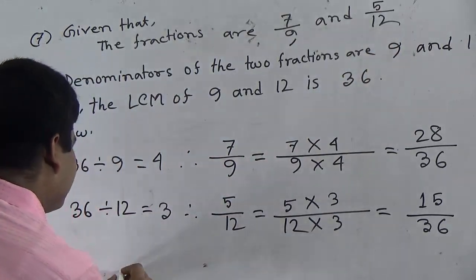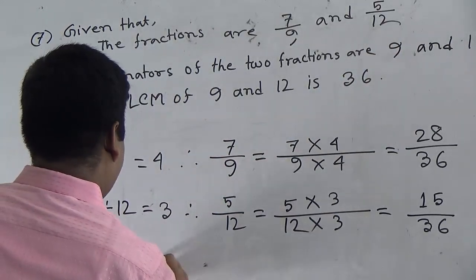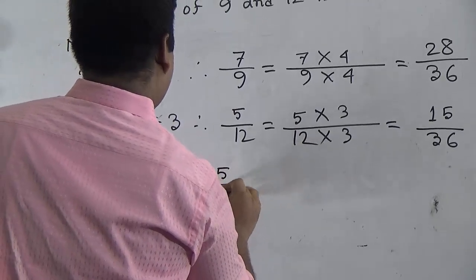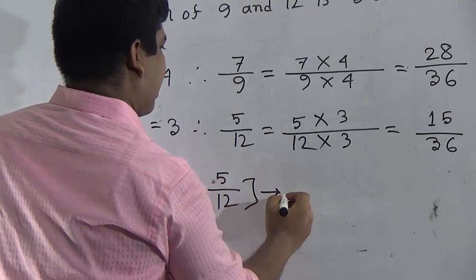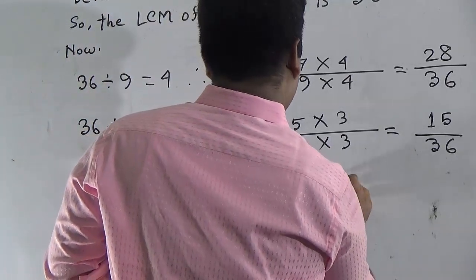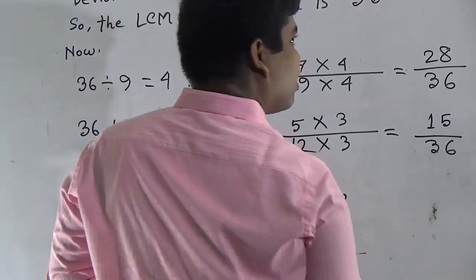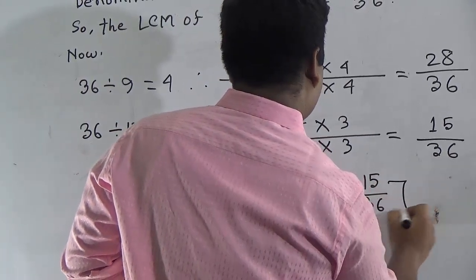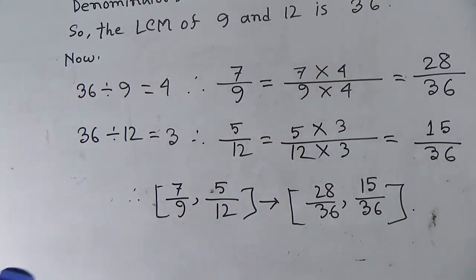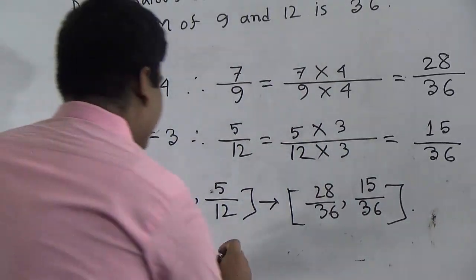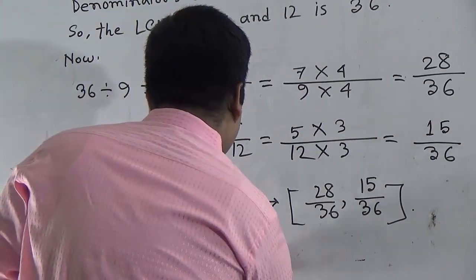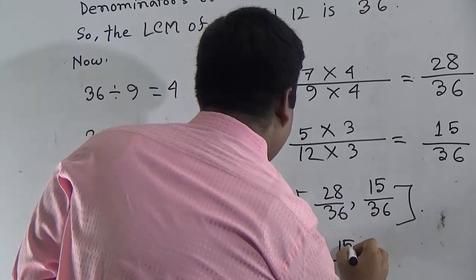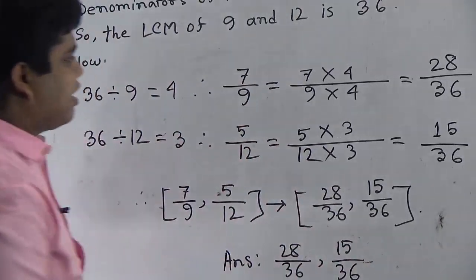So we say that 36 is the common denominator of the first fraction and second fraction. Now we can write, therefore, 7 by 9, 5 by 12 becomes 28 by 36, 15 by 36. Okay, I hope you have understood, and after that you write the answer: 28 by 36 and 15 by 36.